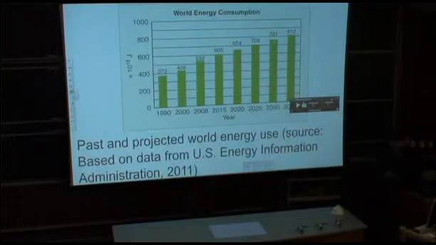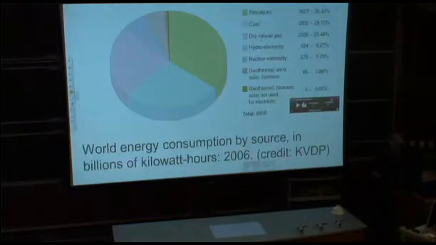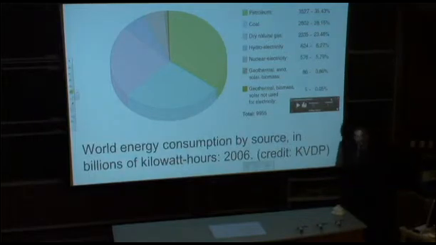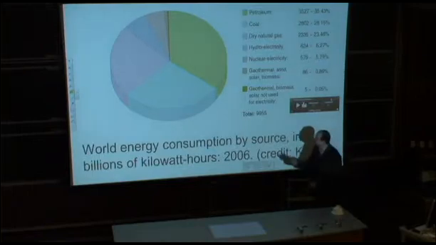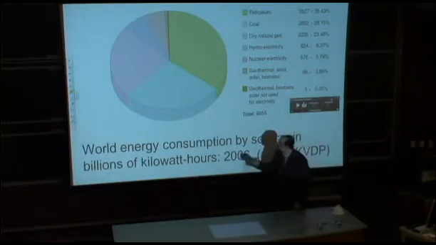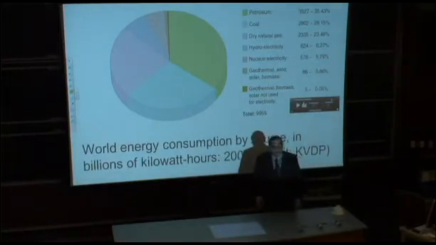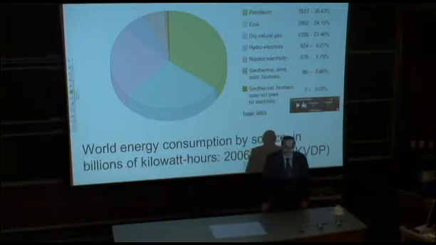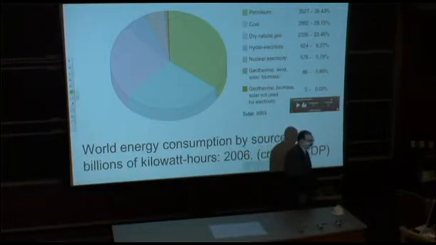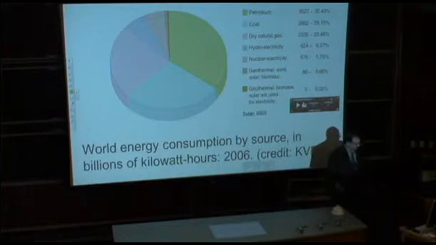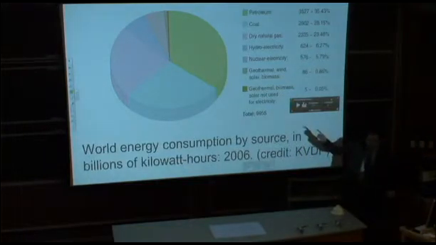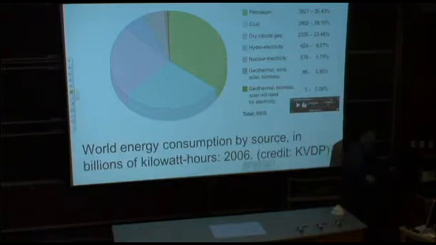And where do we get it from? Well, unfortunately, so far, most of this comes from nonrenewable sources. Gasoline, petroleum, natural gas, coal. So whether we like it or not, no matter what, eventually this stuff will be used up. So we have to be prepared.